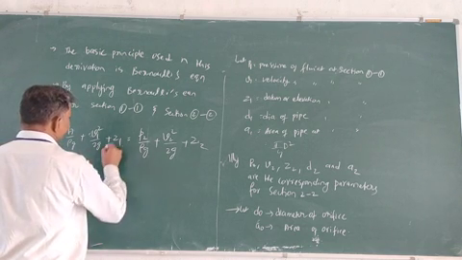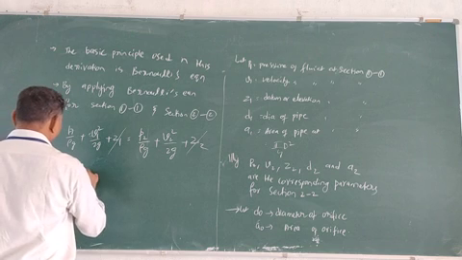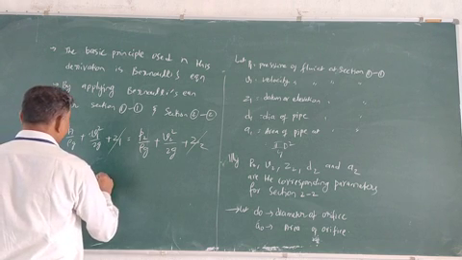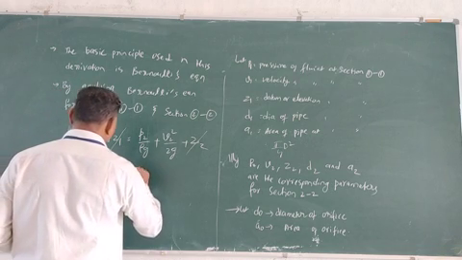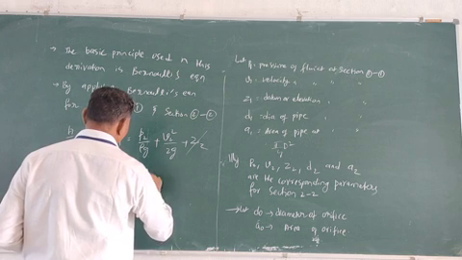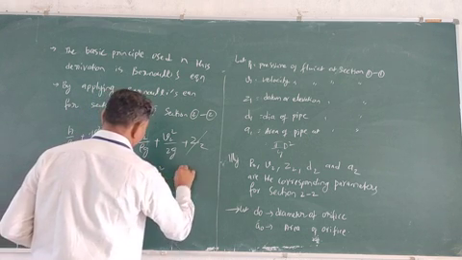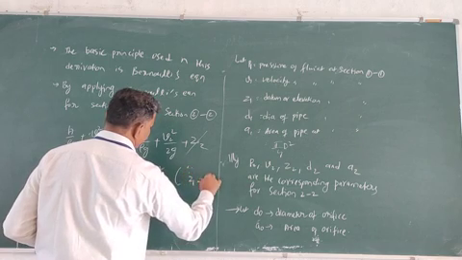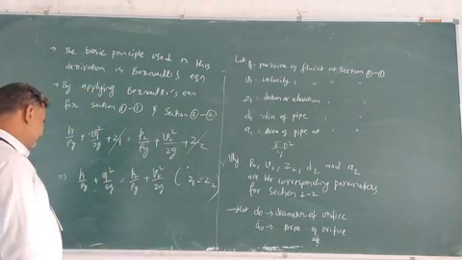Since Z1 is equal to Z2, we cross them out.